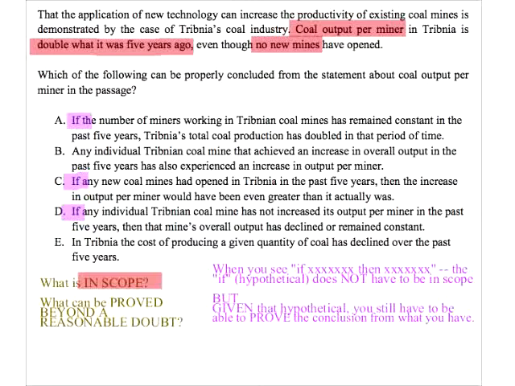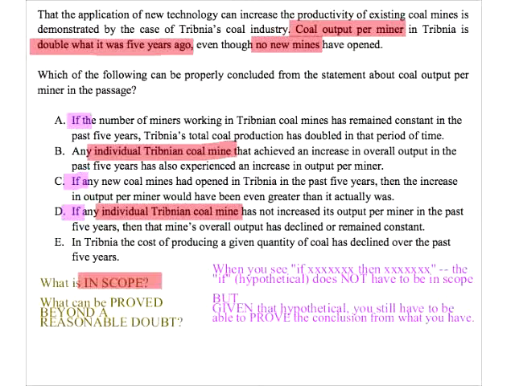But so, yeah. The problem with B is that it's talking about individual coal mines, and this is Tribnia as a whole. So same thing, if any individual coal mine has not increased its output, then its overall output has declined. Well, we don't know that, because you can't generalize.